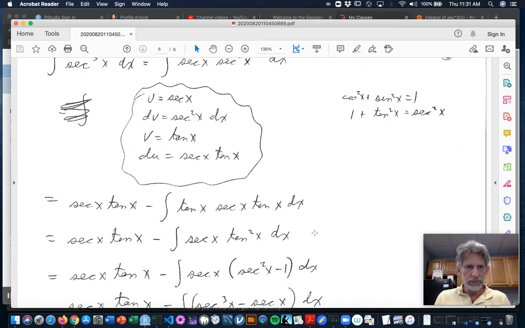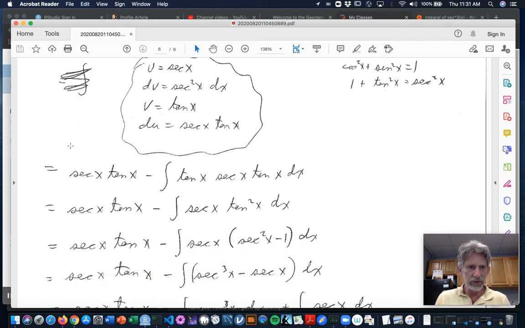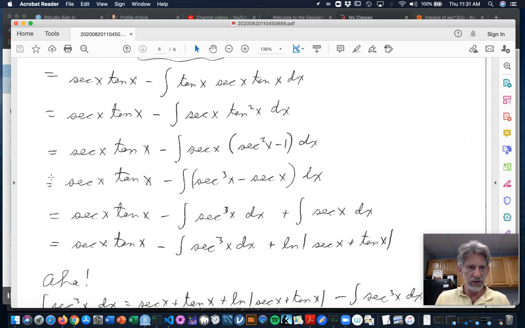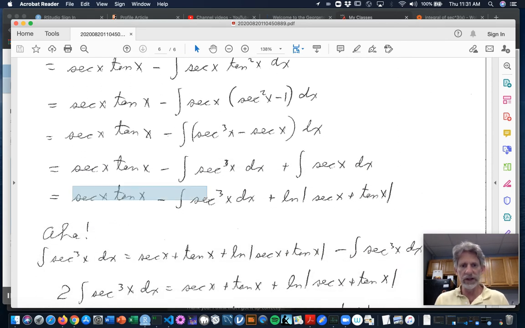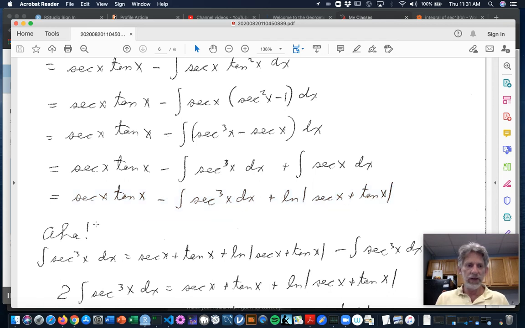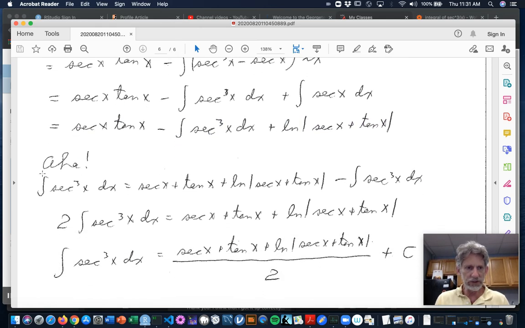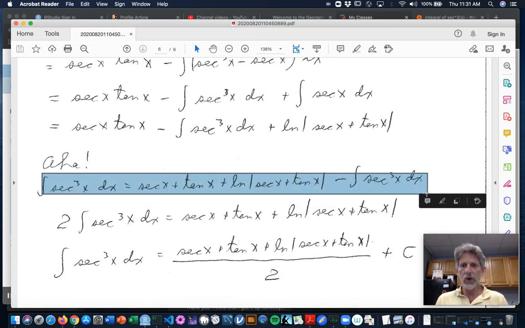So what do we got? The thing we want to know is equal to this. We have an equation involving the thing we want to know, the antiderivative of secant cubed x.